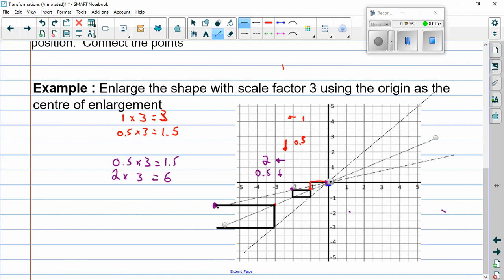Now I'm just going to draw the other sidelines on to finish up our rectangle. So if we had our grid actually going a little bit further, we could have finished this off properly, but we're going to get some more practice on the next page because there will be a few questions for you to actually do.